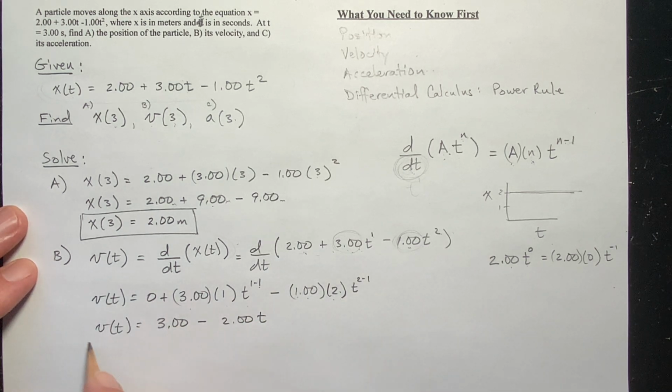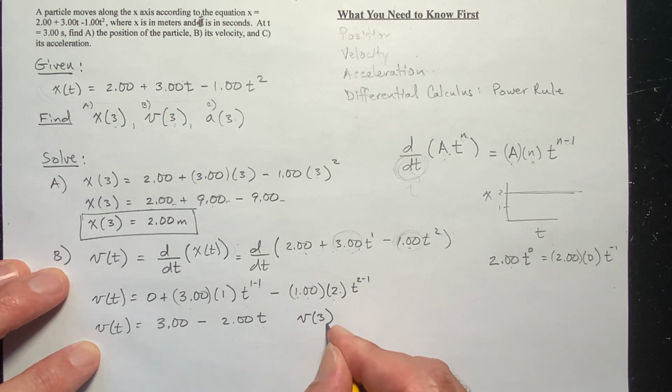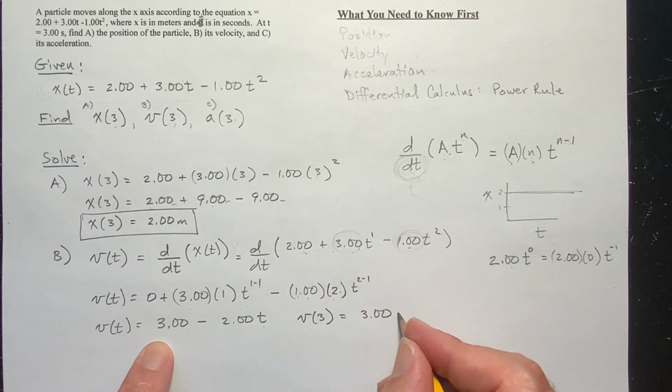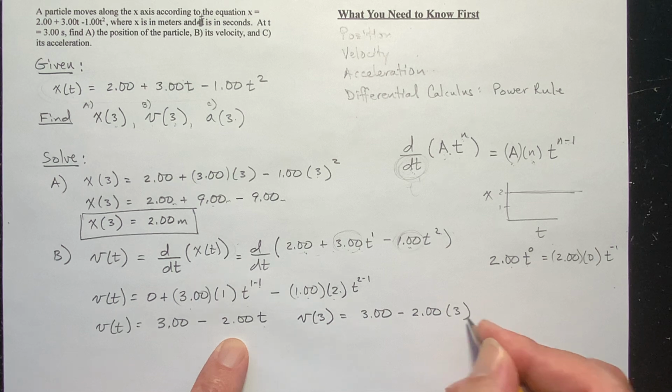So now this is my function for velocity as a function of time. But I don't want the velocity function as a function of time. I want the velocity at t equals 3. So all I have to do is plug in 3 for t. So v at 3 is going to be equal to 3.00 minus 2.00 times 3.